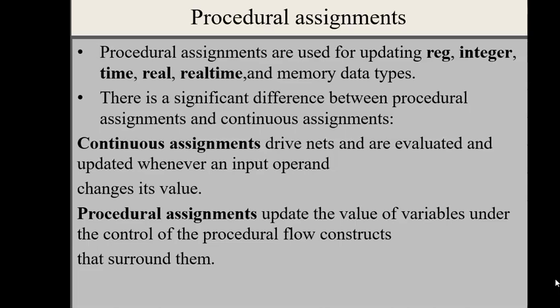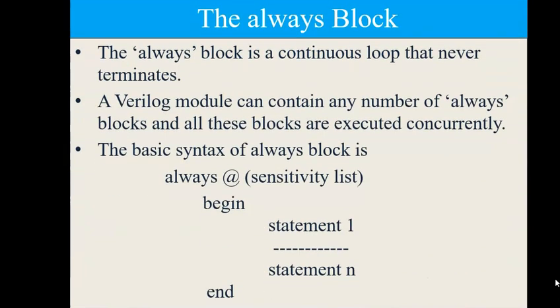In the procedural assignment, we update the value of the variable under the control of the procedural flow constructs. That is the difference between them. So this is the basic difference between the continuous assignment and procedural assignment.